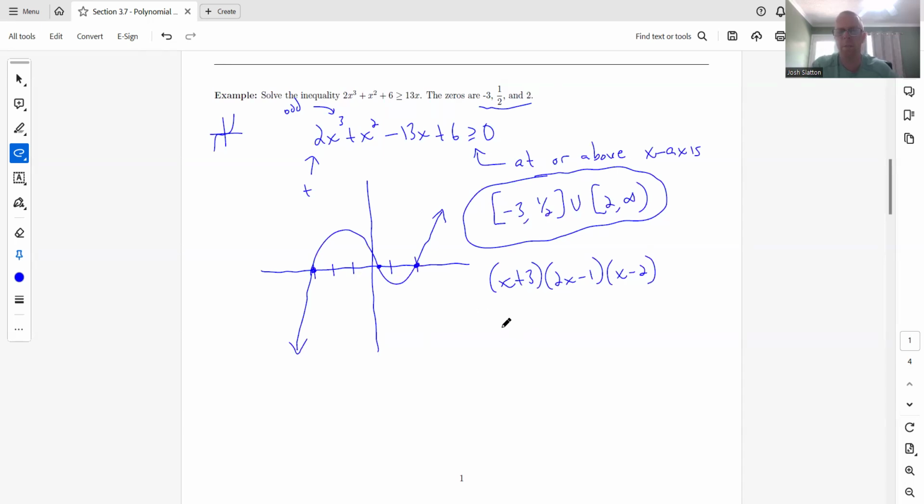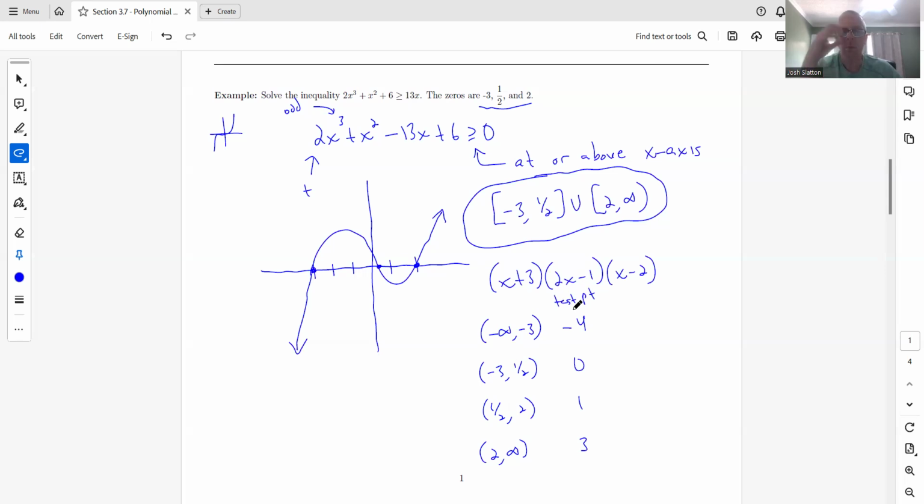So say -infinity to -3, let's pick like -4. And then between -3 and 1/2, let's pick 0. This is called your test point. And then between 1/2 and 2, we could pick 1 for that interval, and between 2 and infinity we could pick 3. It doesn't matter what you pick. I would pick the easiest number that happens to be in the interval.